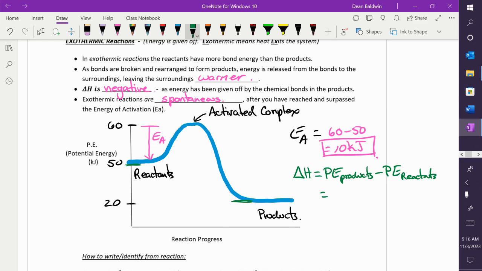Potential energy of the products is 20. Potential energy of the reactants is 50. So we get negative 30 kilojoules. Okay. If your delta H is negative, it means it's an exothermic reaction.